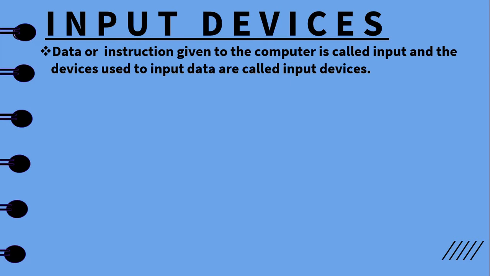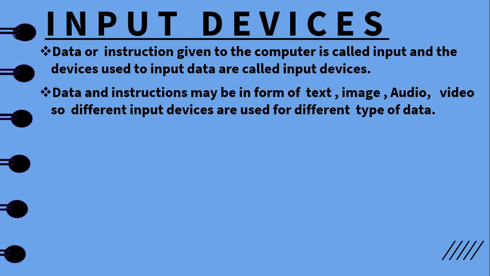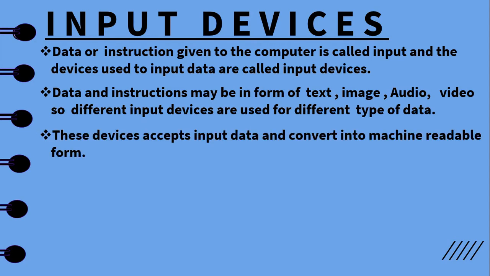Data and instructions may be in the form of text, image, audio, or video, so we use different input devices for different types of data. These devices accept input data and convert it into machine readable form. These devices are also known as peripheral devices.